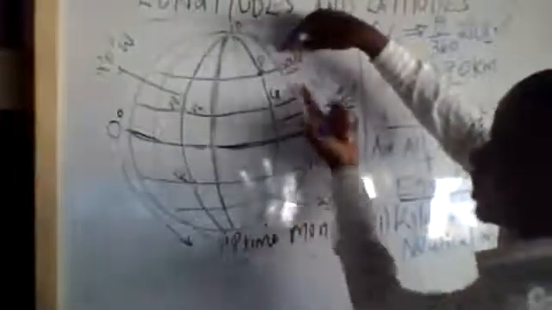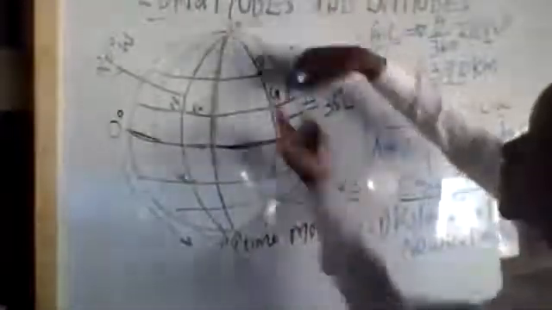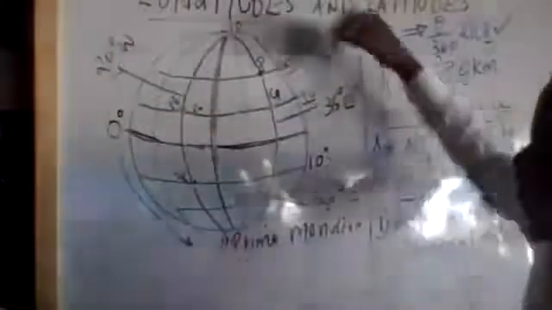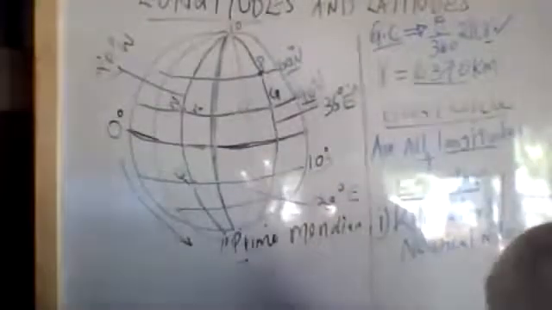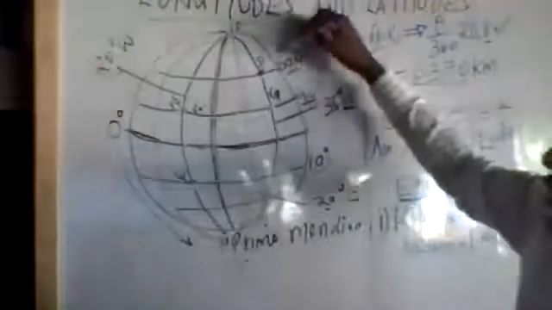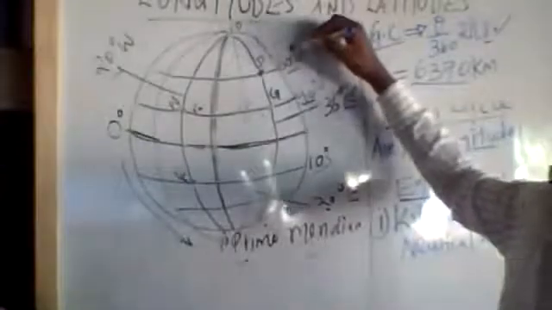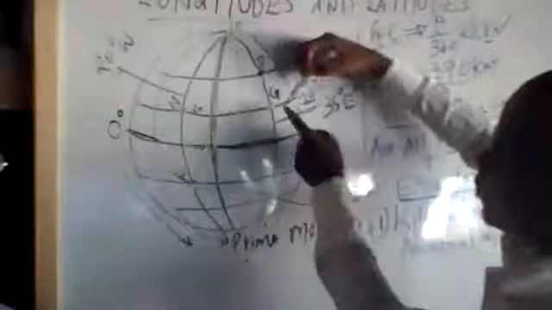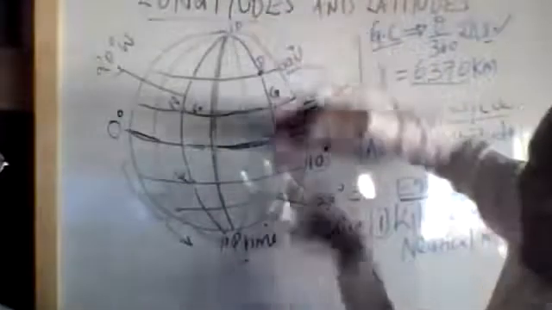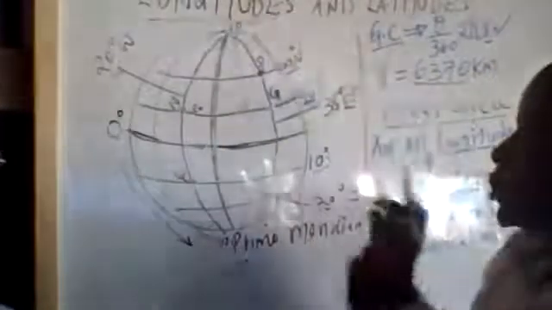One is at 60, the other is at 40. How many degrees are they apart from each other? It's going to be 60 minus 40. From 40 to 60, the angle difference between them is 20 degrees.